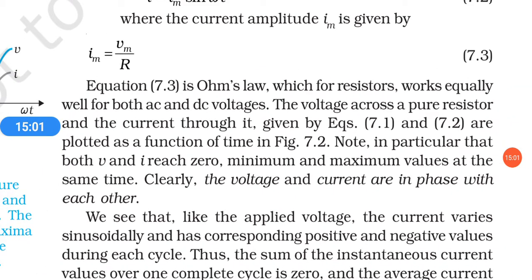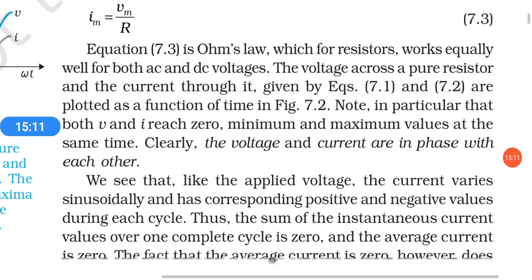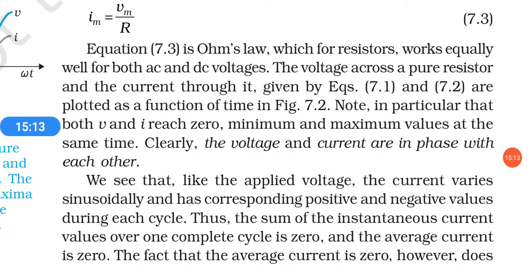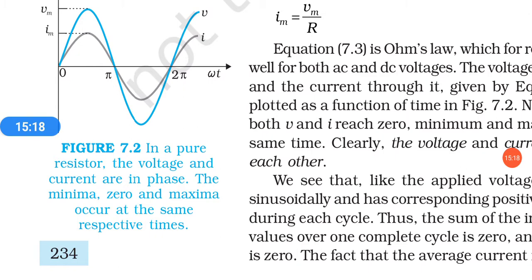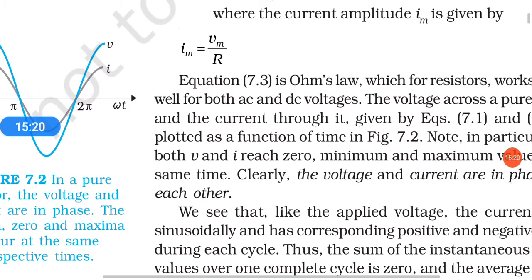Equation 7.3 is Ohm's law, which works equally well for resistors with both AC and DC voltage. The voltage across a pure resistor and the current through it, given by equations 7.1 and 7.2, are plotted as a function of time, as shown in our figure.